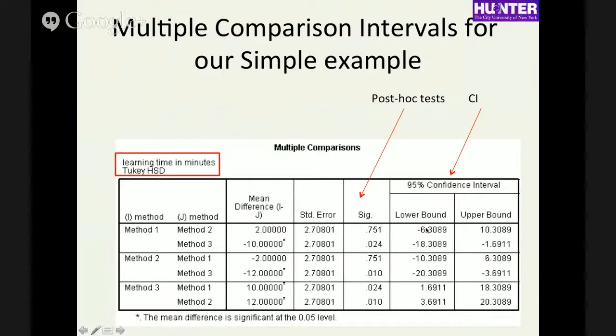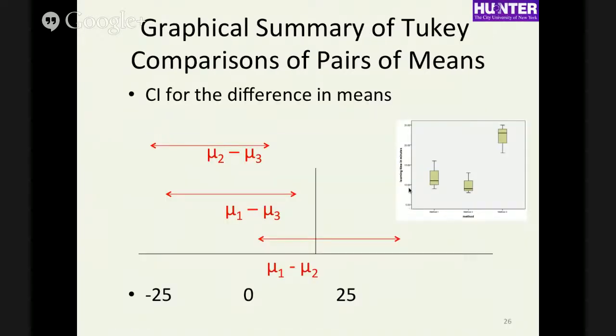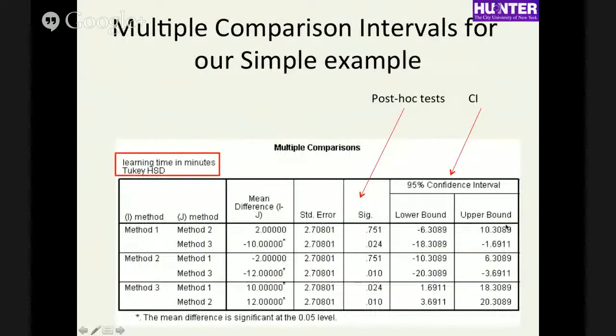So you're saying that you're 95% confident that the difference in the learning time for these 2 groups is between -6 and 10. And because that interval includes no difference between the groups, you're not that confident that there is a difference between the groups.